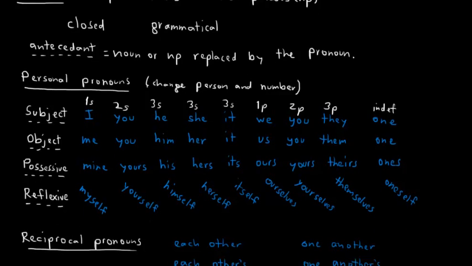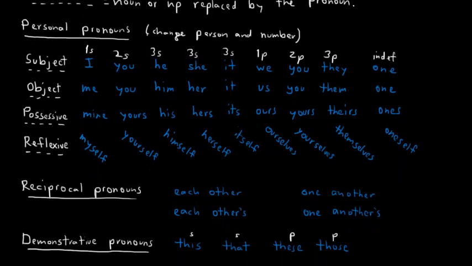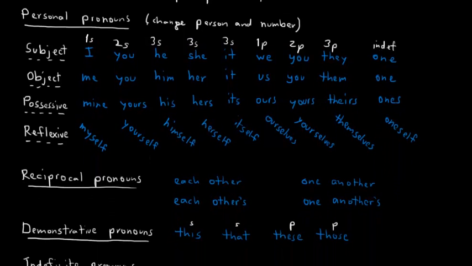Okay. The personal pronouns are the ones that change with person and number, and they agree with either, in this case, the subject, the object, the noun phrase that makes up the subject or the object. In this one, what owns the subject or the object. And then this one is shown when the object is the same as the subject.